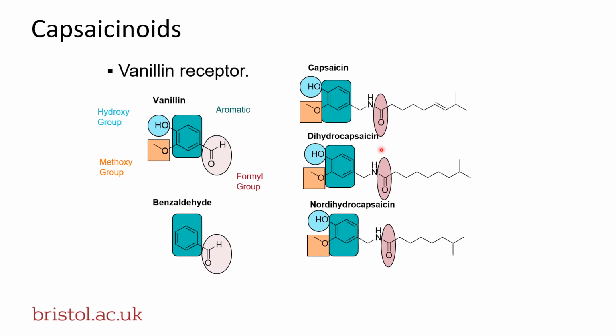And then in the capsaicins, that carbonyl is present, but it's slightly further removed from the aromatic. It's quite a flexible molecule, so it can actually adjust its shape to still fit into the vanillin receptor in the bodies of mammals. Just to fill that in, this is then called an amide group because you've got an NH group adjacent to the carbon.